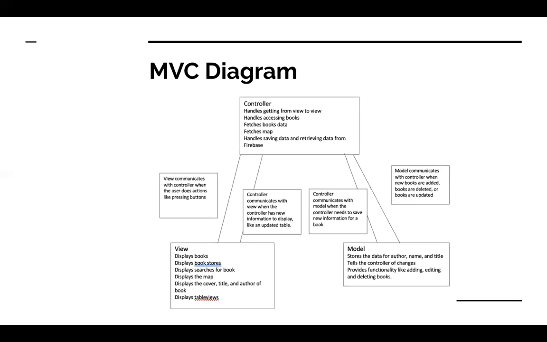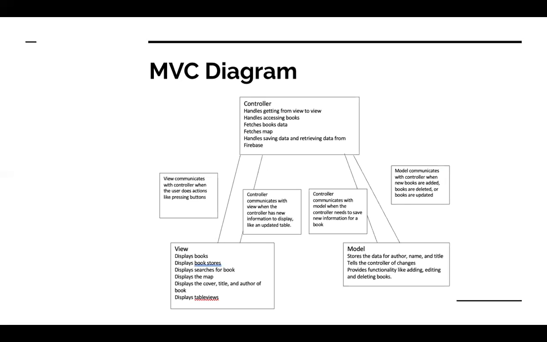And the controller is also going to communicate with the model whenever the controller needs to save new information or update a book or delete a book. And so all the changes to any of the book elements are going to start at the controller, and that controller will communicate with the model, and the model will update the Firebase.